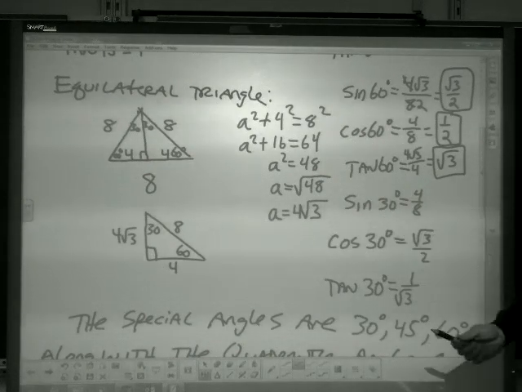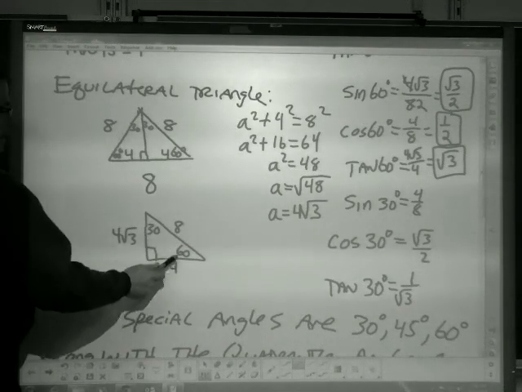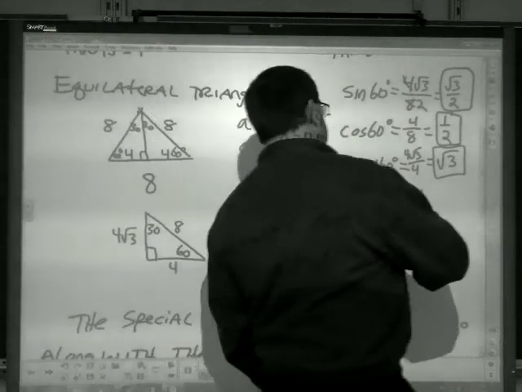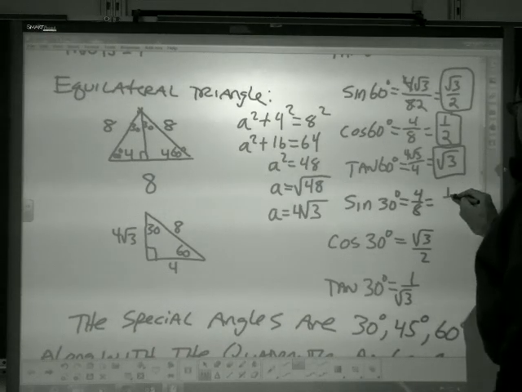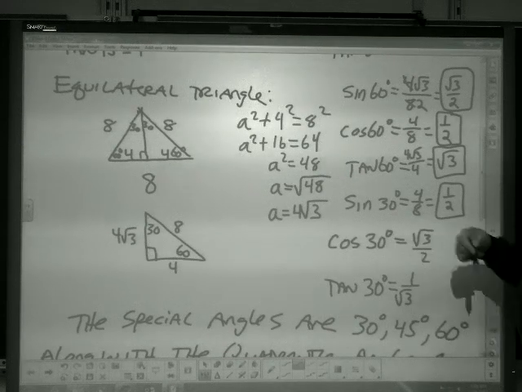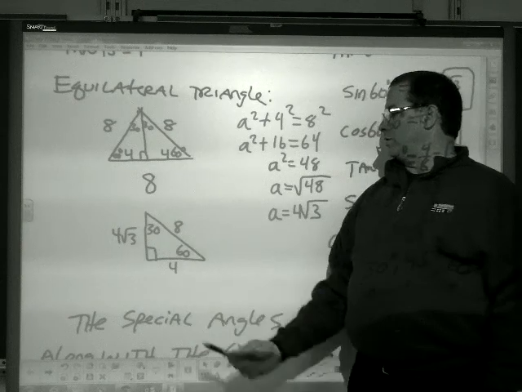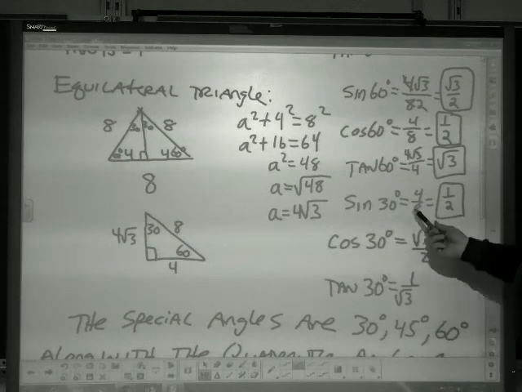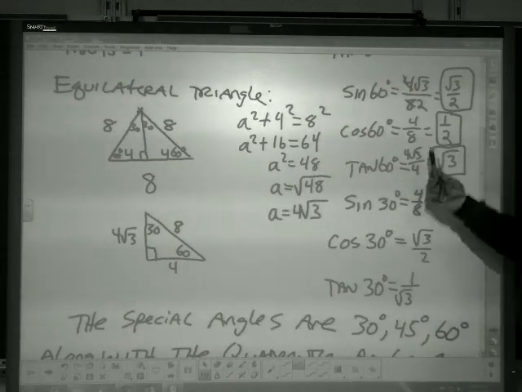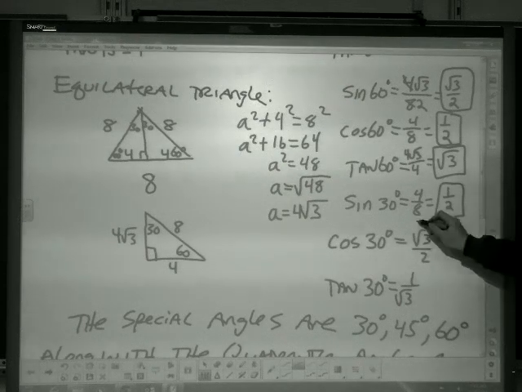Sine of 30 degrees, well, if this is the 30 degrees, the opposite over hypotenuse, 4 over 8, which reduces down to a half. Cosine of 30. This is adjacent over hypotenuse. That's 4 radical 3 over 8. Same thing I had over here, reduced down to radical 3 over 2.